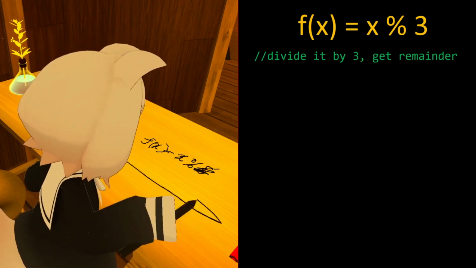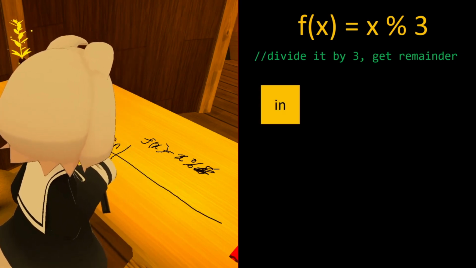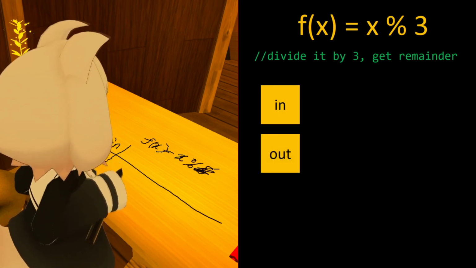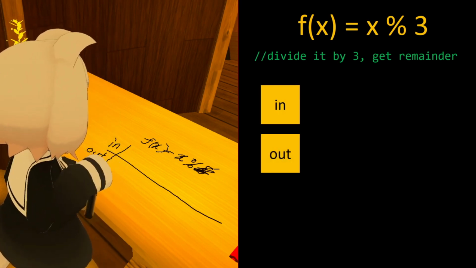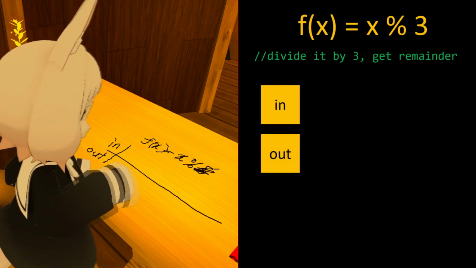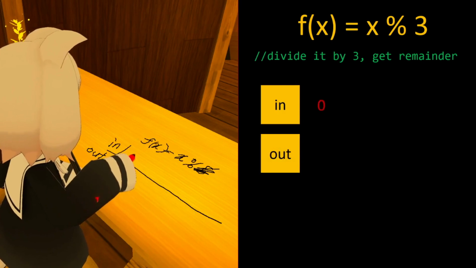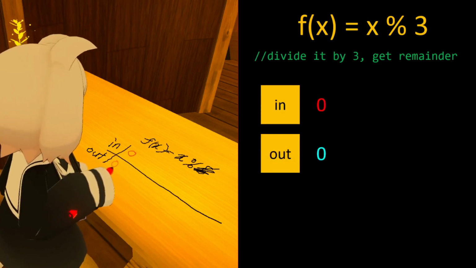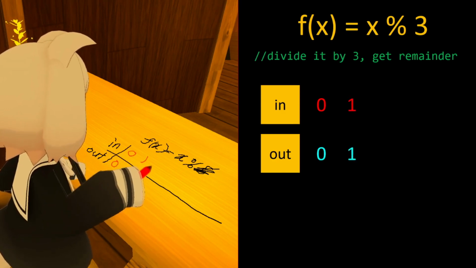So let's take a look. Here we have in, and then we have out. So here's our function in and out table, if you can see it over here. Let's see what will happen. Just put 0 in it, it gives you 0. Cool. Put 1 in it, gives you 1.